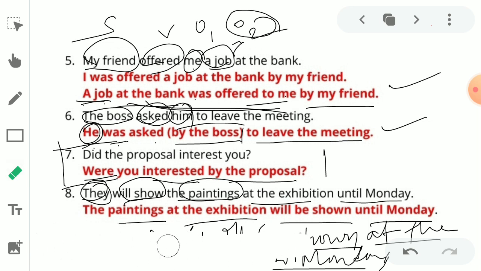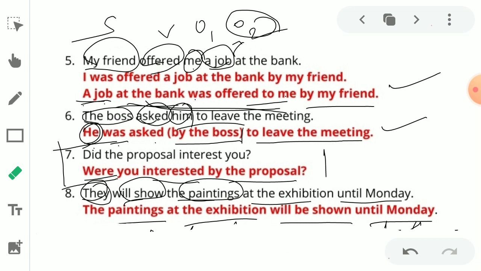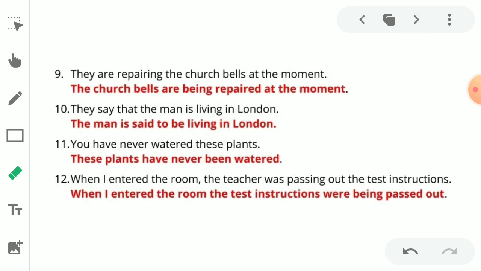Next, they are repairing the church bells at the moment. They is the subject, are repairing is the verb. The church bells is the object.